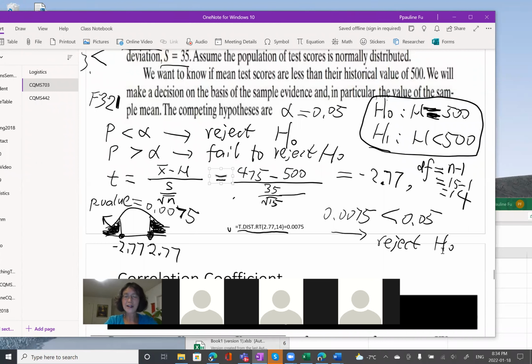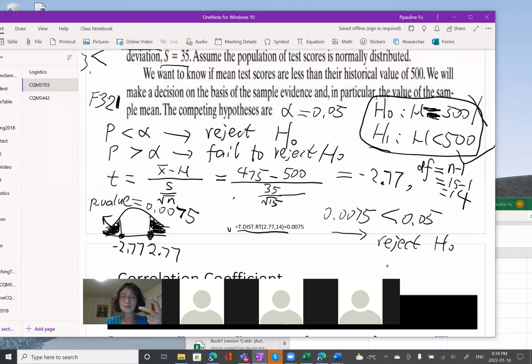We reject H0. When you reject H0, it means H0 is wrong. We are in favor of H1. Remember, of H0 and H1, one of them is wrong and the other is correct. So through the p-value method, we know H0 is wrong, H1 is correct.